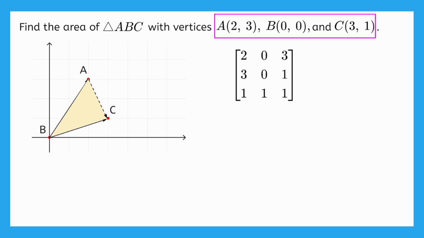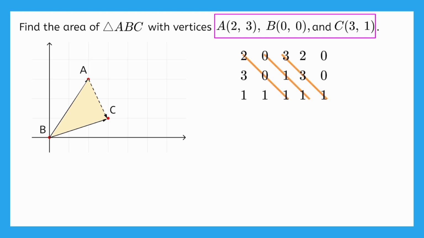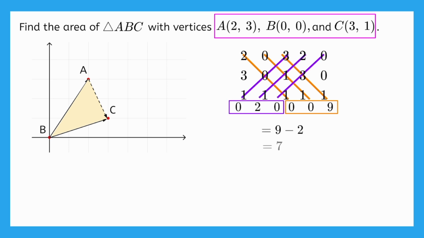Since this is a 3 by 3 matrix, I'll choose to apply the shortcut method. 9 minus 2 is 7, which I'll multiply by 1/2 to find the area of the triangle to be 3.5 units squared.